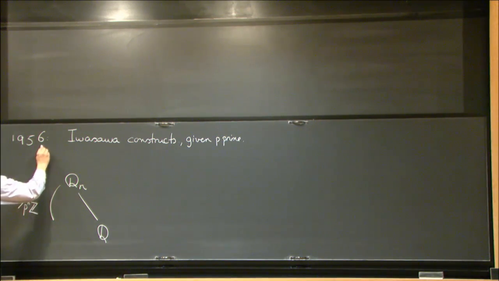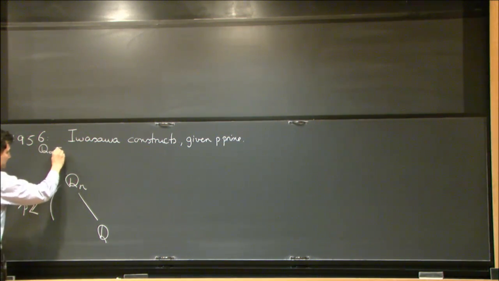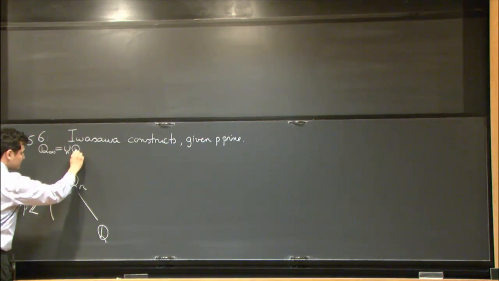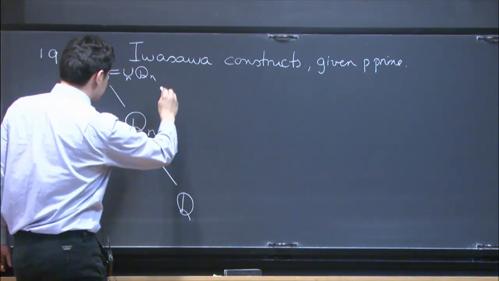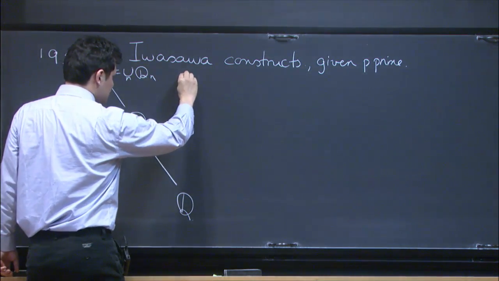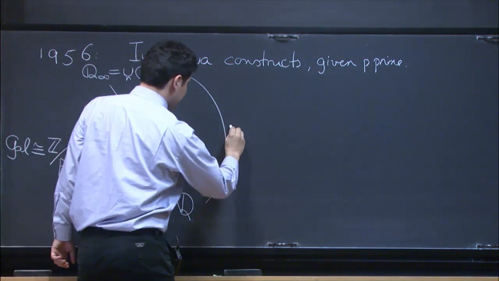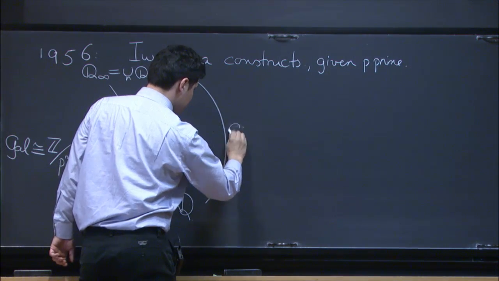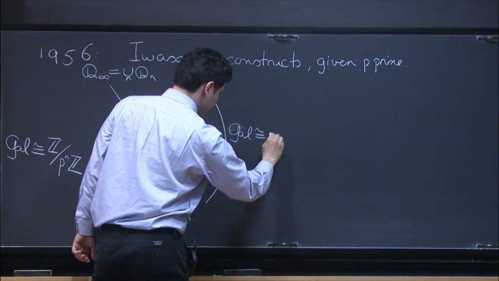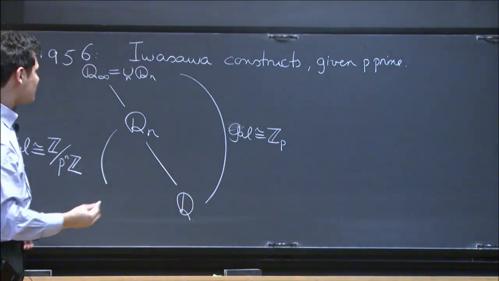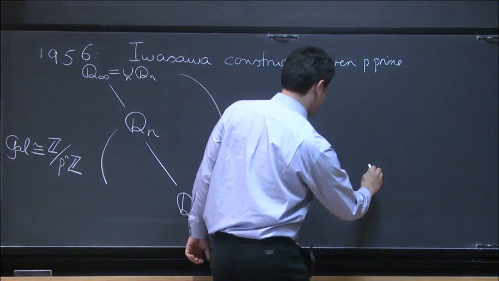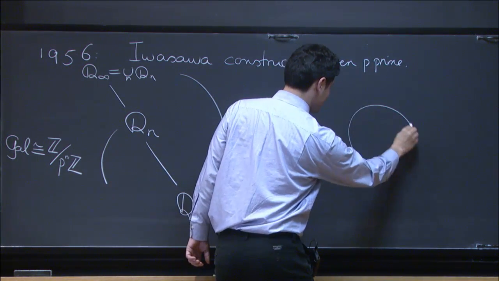And by looking at all of these, in particular by looking at the compositum of these, he was able to say something about the class group. So the Galois group of the top guy is isomorphic to Zp. Let me draw you a picture of Zp, the p-adic integers.